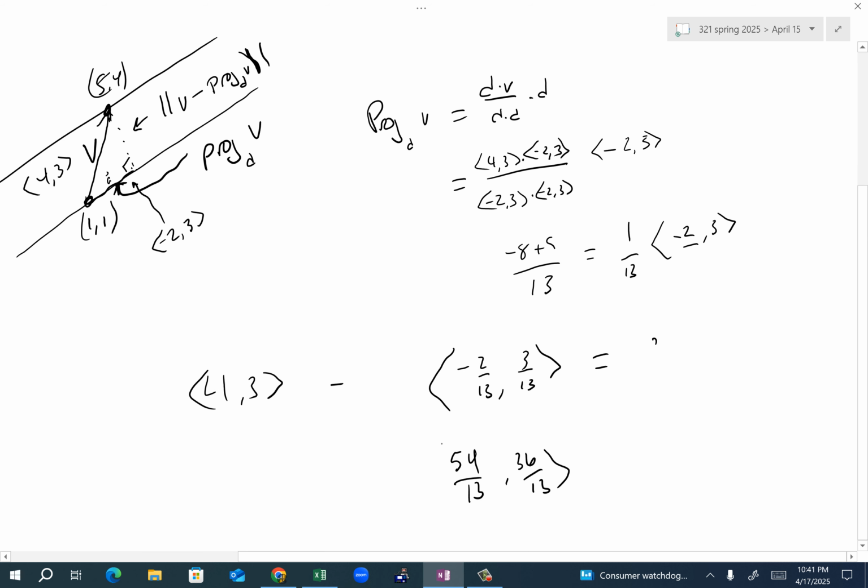And what we need is the magnitude of that, right? So we're going to do parentheses, that guy squared plus parentheses that guy squared.